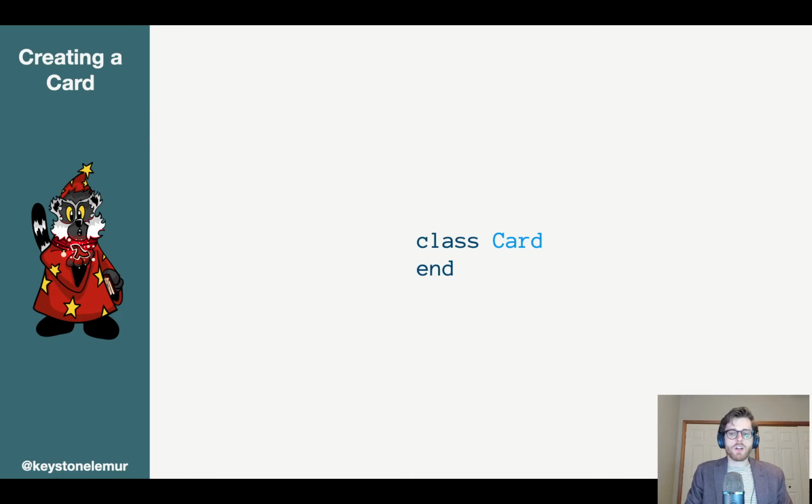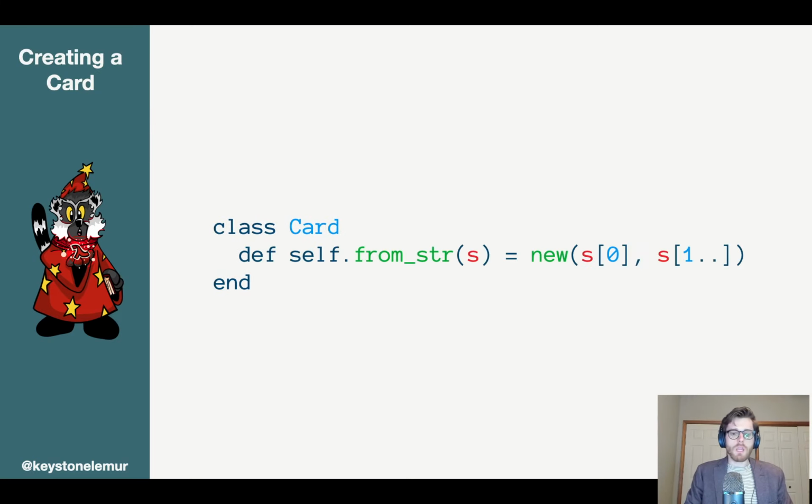Next up, we want some nice methods for creating cards. So looking at our card class again, we can define another method called from_string to represent importing from a string. Now, while I could type out all the extra brackets or new, this allows us to seriously condense things into passing just the string variant of card without really losing too much of the expressiveness of it. In this case, the first character is the suit, and the remaining are the rank.